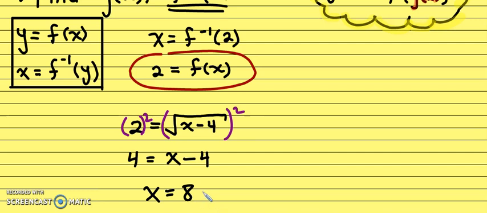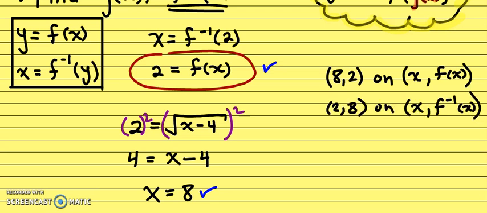So what we found here is that when x equals 8, f of x equals 2. So we have the point (8, 2) on (x, f of x). So if we interchange the 8 and the 2, we have the point (2, 8) on (x, f inverse of x).